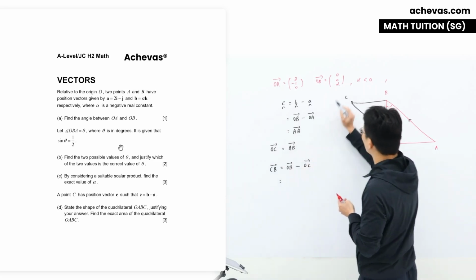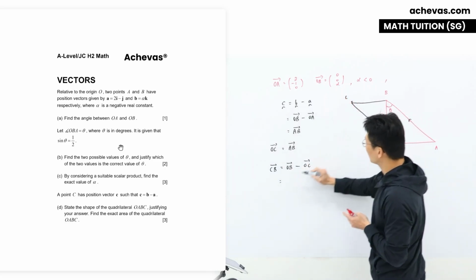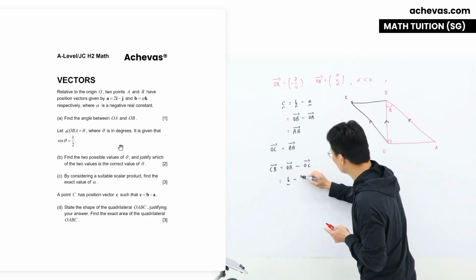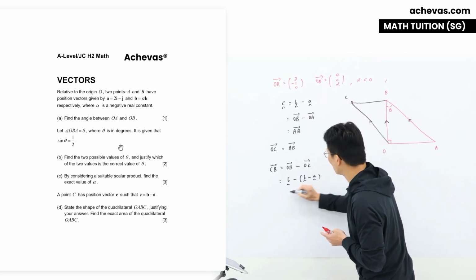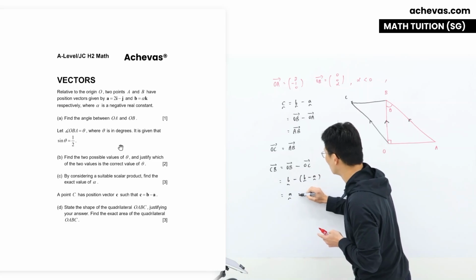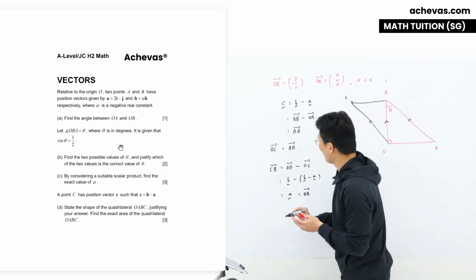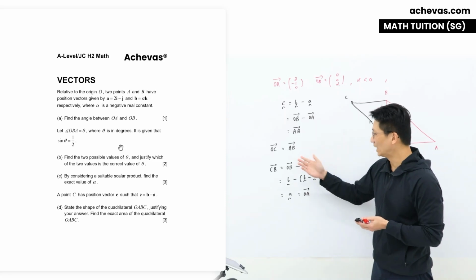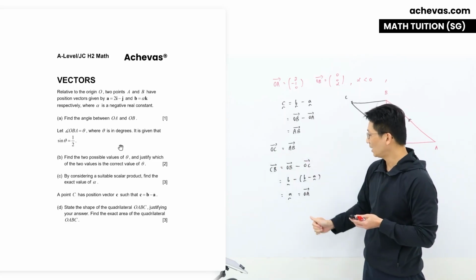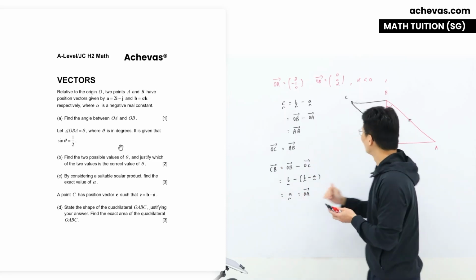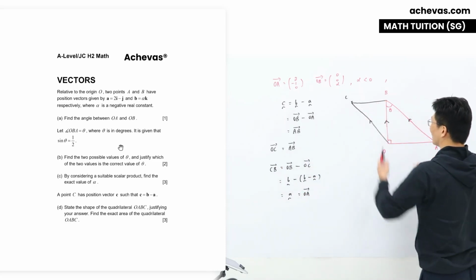And OB, we can just use B, and OC, we can just use B minus A, which will just simply give me A, which is the same as OA. So therefore we have this condition already. OC is equal to AB, and we have also CB equal to OA. So these two sides are the same, these two sides are the same.